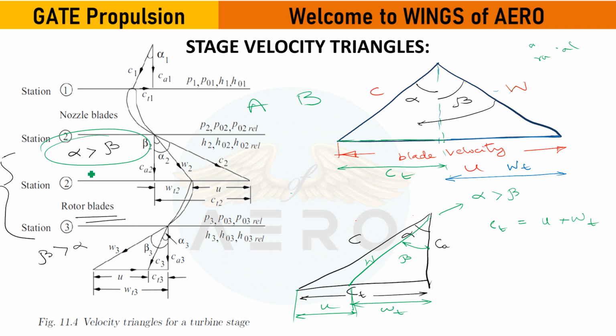So alpha is going to be greater than beta. Next, beta is going to be greater than alpha. It follows the alphabetical order as well. If you remember this trick, you don't have to worry much about your velocity triangle, because from an exam point of view, if you remember the velocity triangle, you can easily solve the problem.